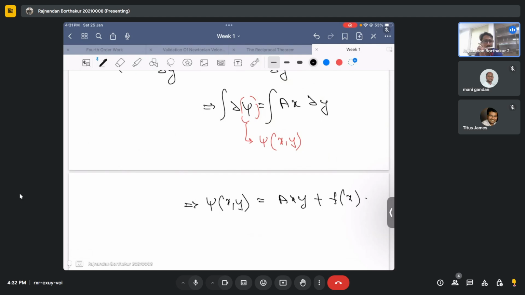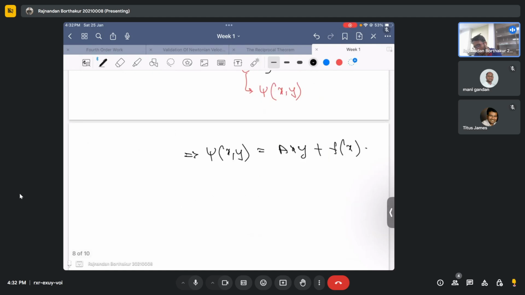I hope you are aware of this mathematics: psi is a function of two variables, and when you integrate with respect to one variable, the constant of integration appears as a function of the other variable. So psi is axy plus f of x.